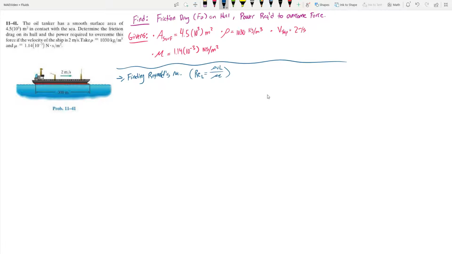Okay, so if we actually do that, put in values. So if rho is 1030 kilogram per meter cubed, we can put our velocity. Our length, it doesn't directly tell us the length, but we can see from the picture it's 300 meters.